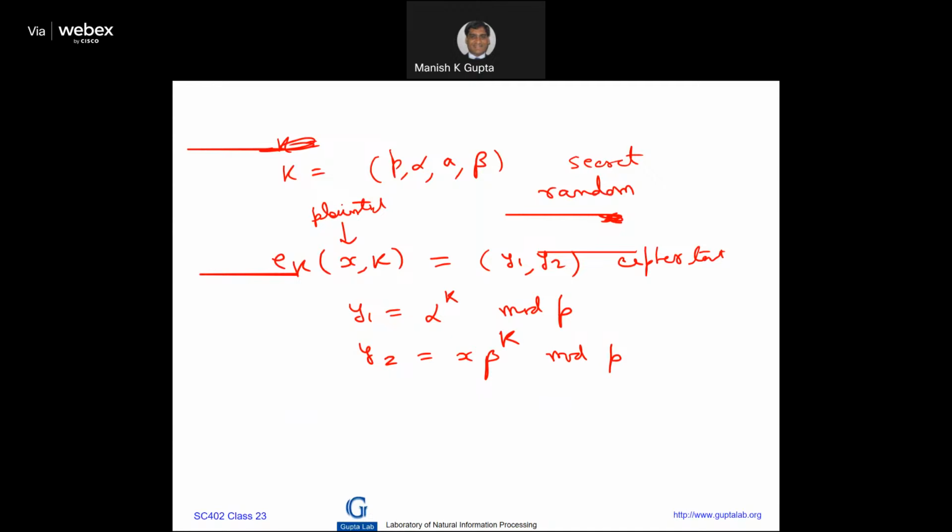We also need the decryption rule for y1 and y2 in Z_P star: d_K(y1, y2) equals y2 times (y1 raised to power a) raised to power minus 1 mod p. As an exercise, verify that these encryption and decryption rules are correct. When you compute, you can substitute these values of y1 and y2 and see that you get the actual x. So encryption and decryption work. Let me give you an example.